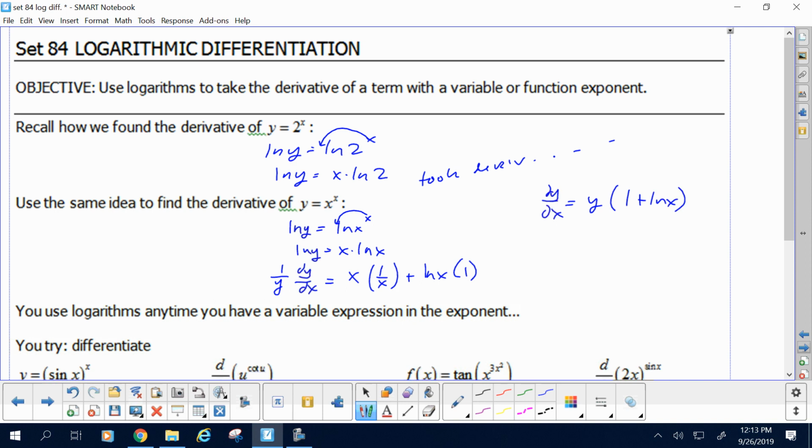And in the other example, did we just leave it in terms of y, or did we say the original problem is in terms of x, so I should put my derivative in terms of x? So dy/dx at the end of the day is x to the x, times 1 plus natural log of x. You follow? Okay.